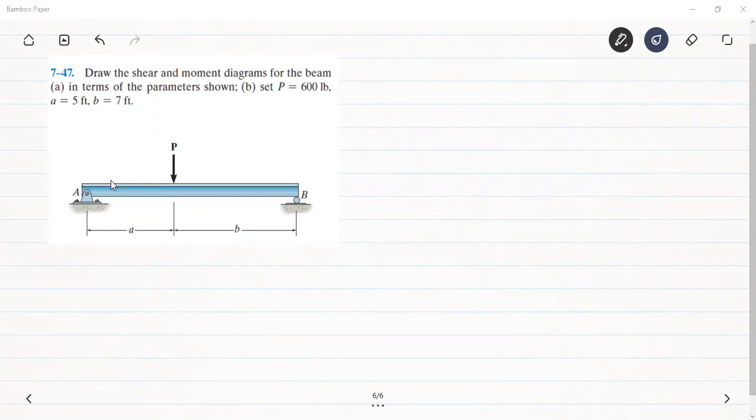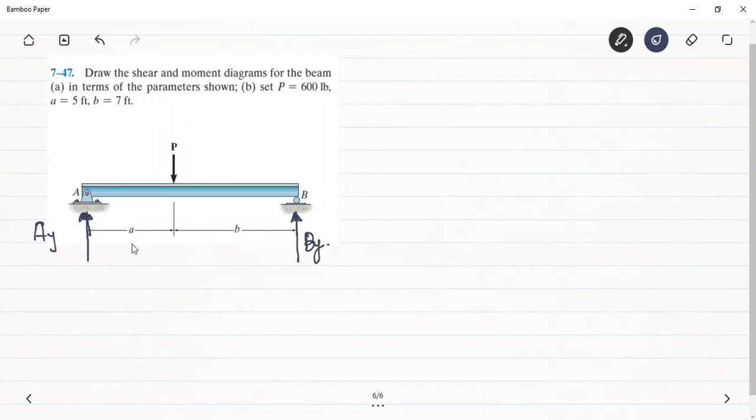So first of all, we have to draw the free body diagram of it. Although we have to remove the supports, for the free body diagram I'm keeping the supports here. There will be a reaction AY. There will also be AX, but AX is 0, therefore no need to take this reaction. Here we have BY.